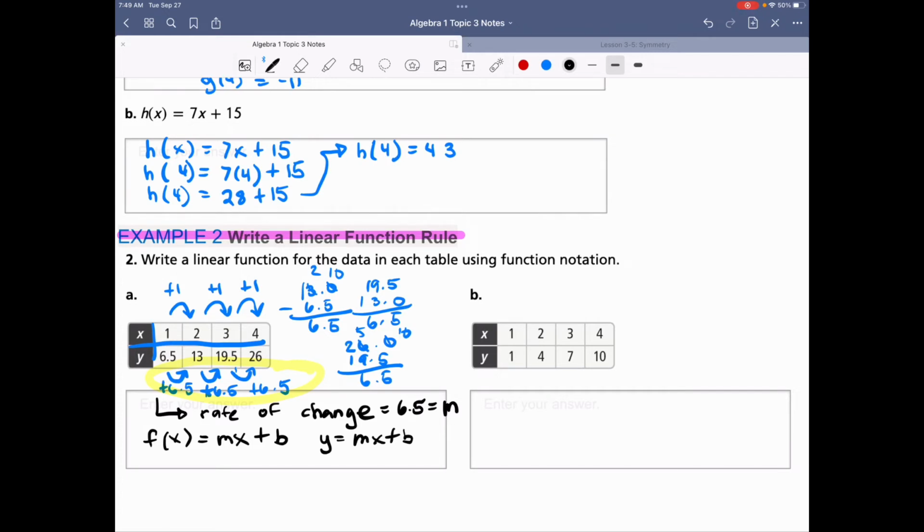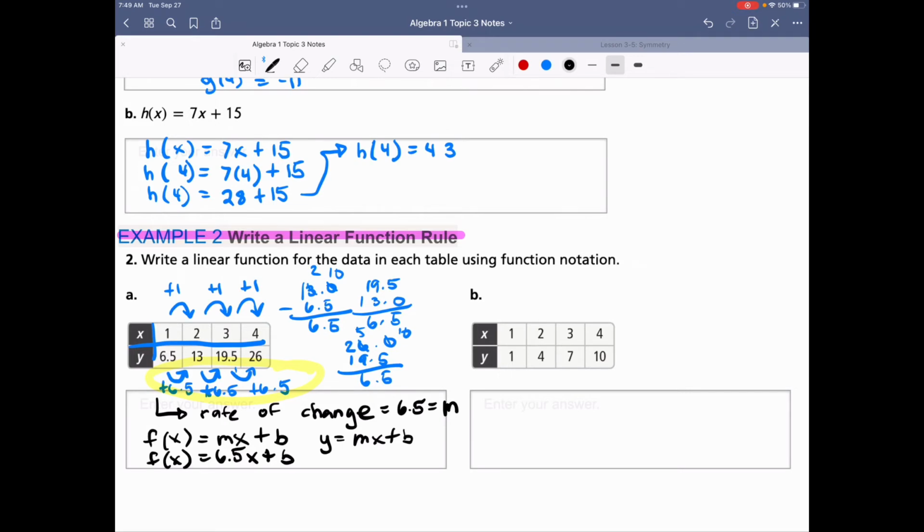And now we go back to our rate of change, and we plug that into our function form. So m would be 6.5, and we copy down the rest, x plus b. And don't forget the front, f of x. Now we need to solve for the b, or the y-intercept.